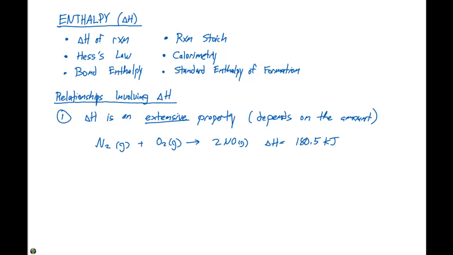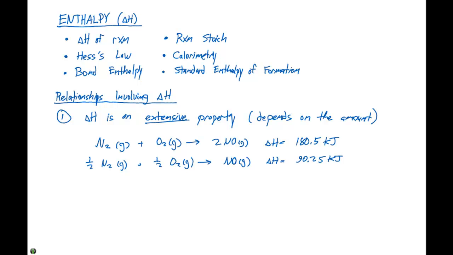If, on the other hand, we have a half of an N2 in the gaseous state plus a half O2 also in the gaseous state, giving us 1 mole of NO gas, our delta H for this particular reaction is going to be 90.25 kilojoules. And notice that when we produce 2 moles of this product, versus 1 mole of the product, we're going to get half of the amount of energy, because delta H is an extensive property that depends on the amount.